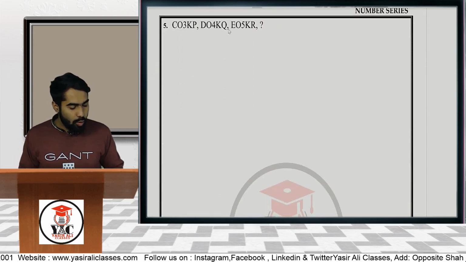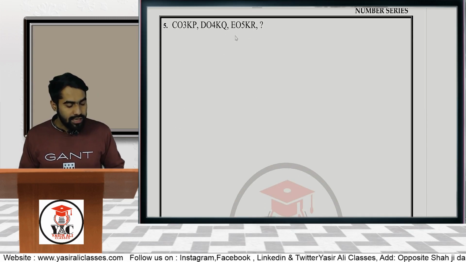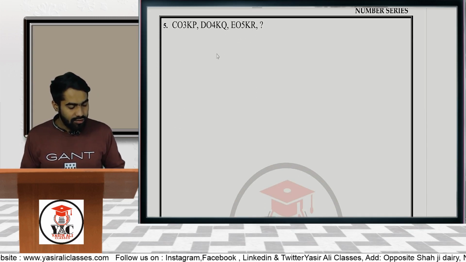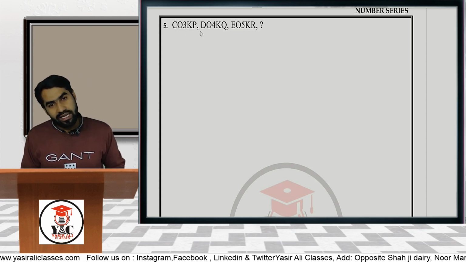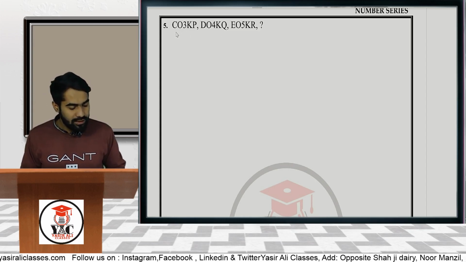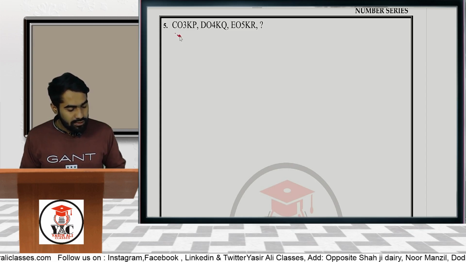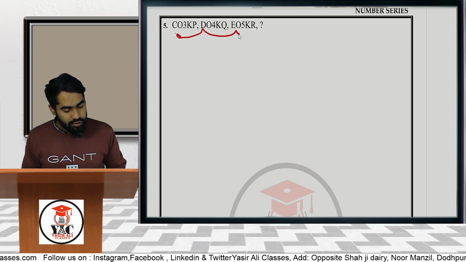CO3KP, DO4KQ, EO5KR. Now if you see here, again we can see the relationship between the first and the first, second and the second, fourth and the fourth. Now see here, C to D, D to E. So what should be next?